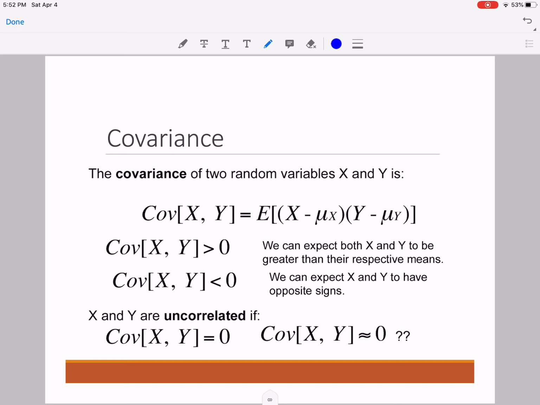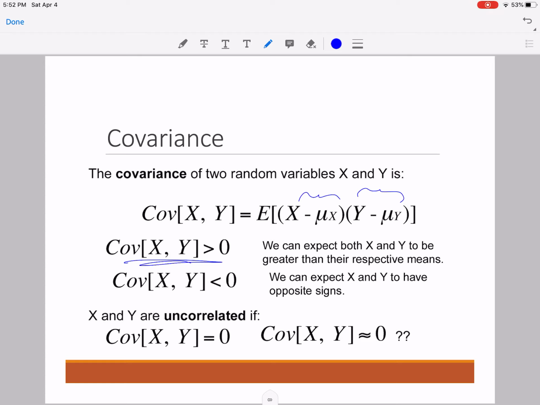Covariance happens to be one of the very important terms when we discuss joint random variables. So the covariance of two random variables x and y is given by the expected value of x minus mu of x times y minus mu of y. The covariance term essentially tells us how x and y are growing with respect to each other. So for example, if this covariance term is positive, then it gives you this information.